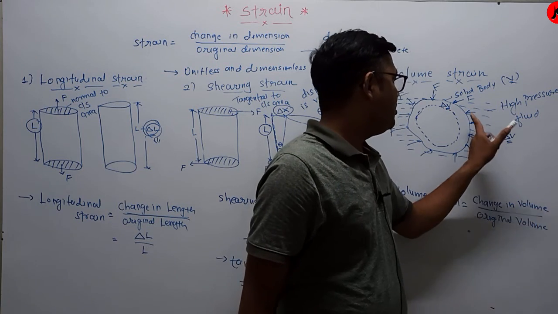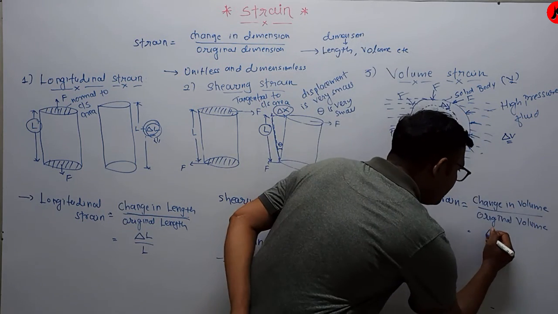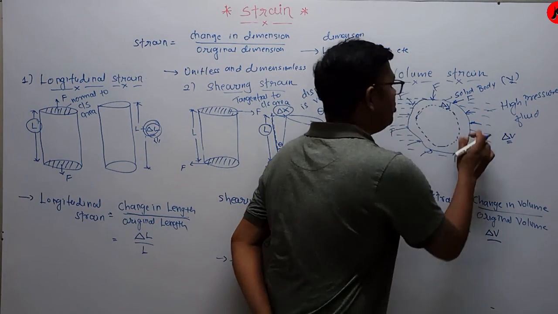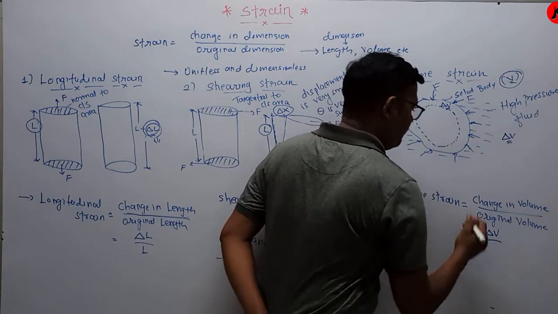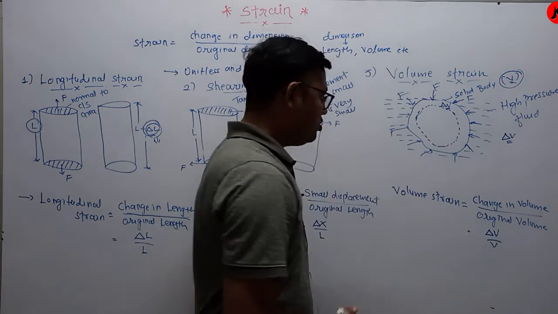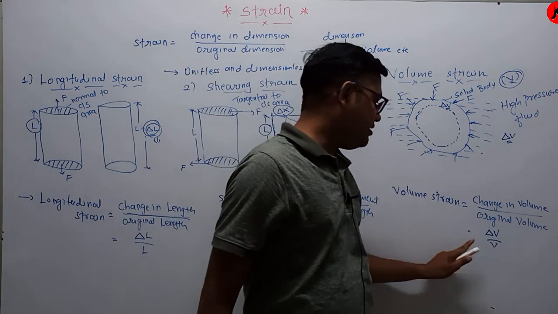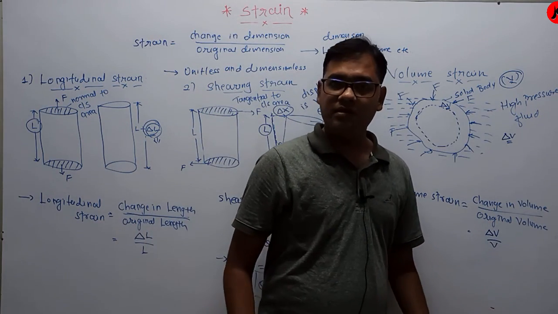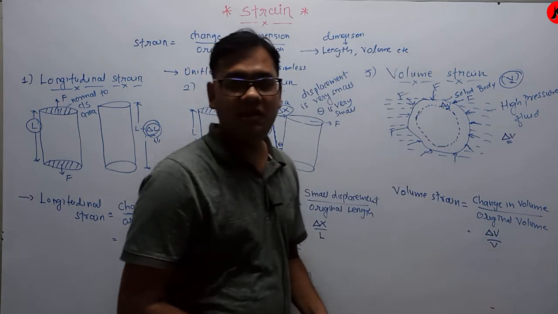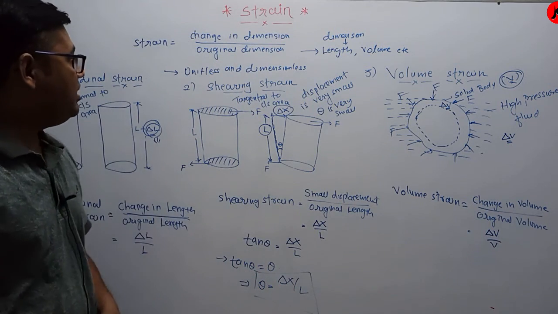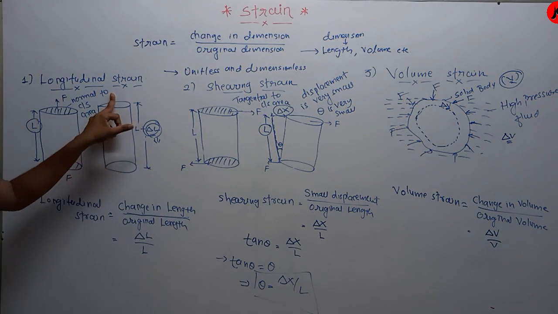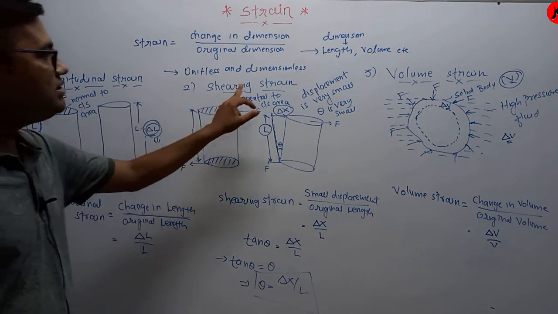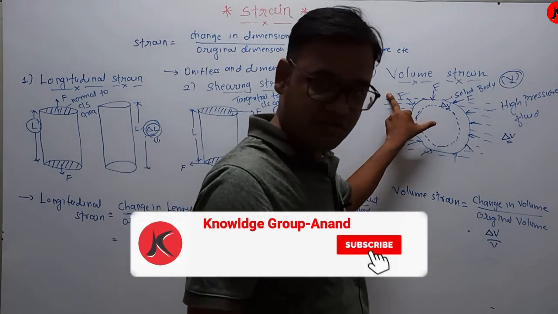Change in volume is delta V, and original volume of the body is V. So volume strain is given by the equation delta V by V. It is very simple. So here we have studied three different types of strain: longitudinal strain, shearing strain, and volume strain, right?